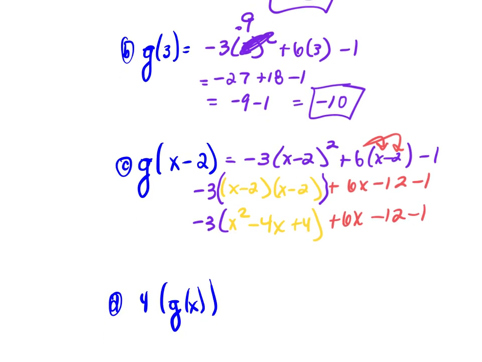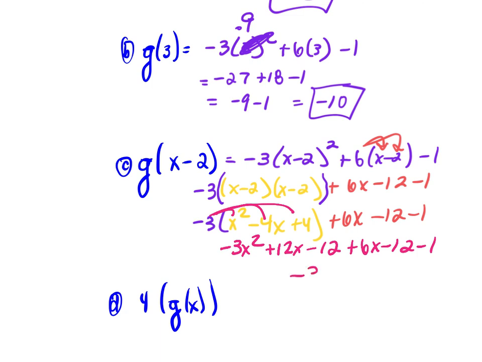Now I have to distribute that negative 3. So when I do that, I have negative 3x squared, right? Negative times a negative gives me positive 12x. Negative times positive gives me negative 12 plus 6x minus 12 minus 1. And now we can combine all of our like terms. Does anything else have an x squared?